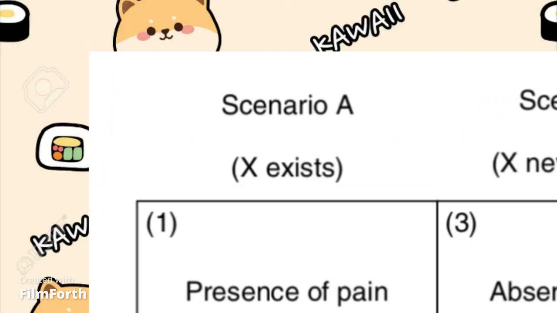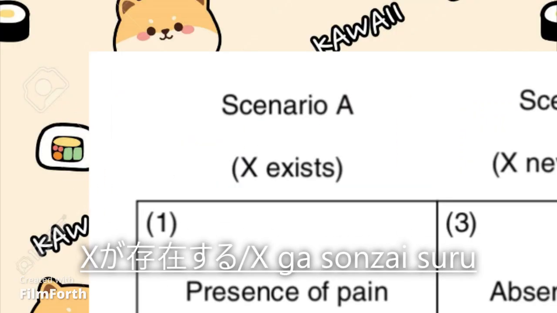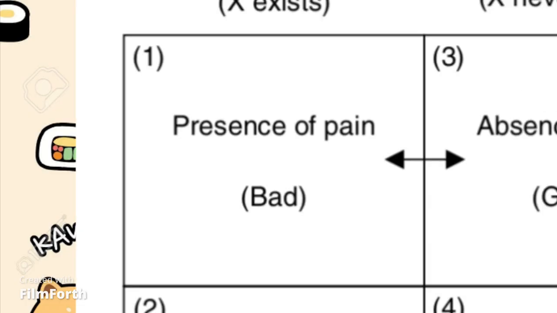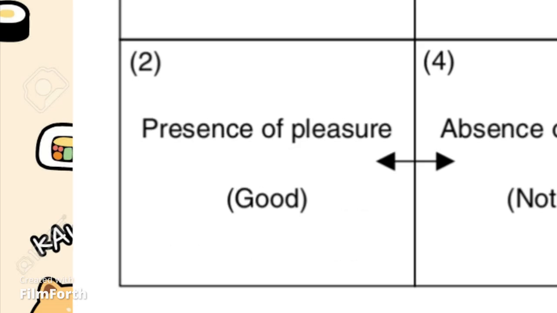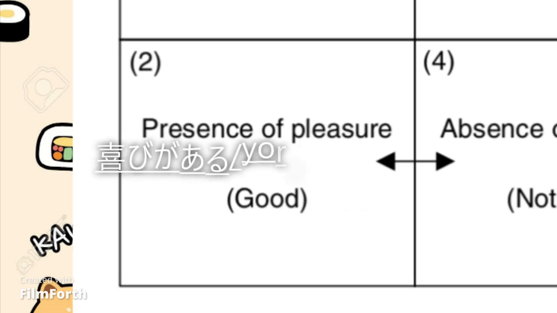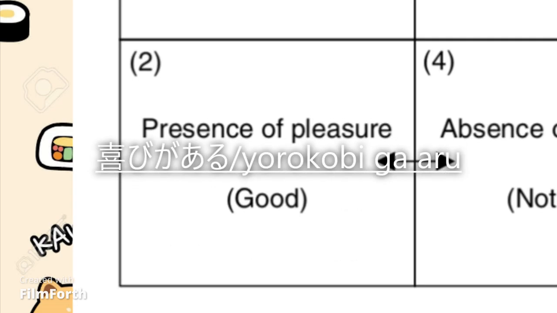Scenario A. X exists. X ga sonzai suru. There's presence of pain. Itami ga aru, which is bad. Warui. There's presence of pleasure. Yorokobi ga aru, which is good.